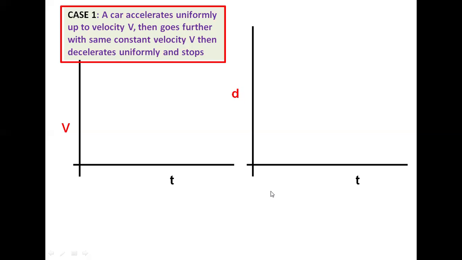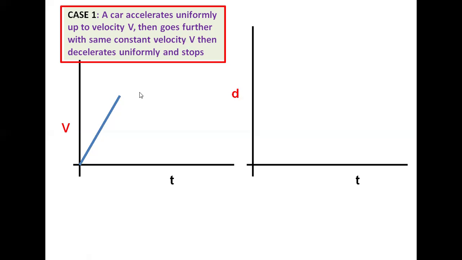Now, the case 1. Here we will plot a graph of a body which first accelerates uniformly and reaches a velocity v. Then goes further with the same velocity v and then decelerates uniformly and stops. So let us see what will be the shape of the graph. It accelerates uniformly, means graph is a straight line.